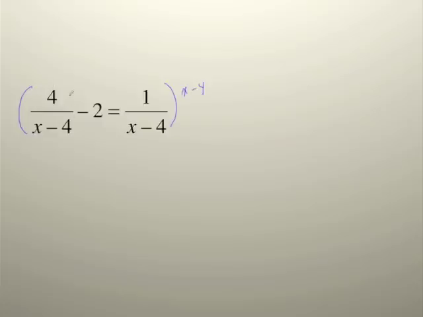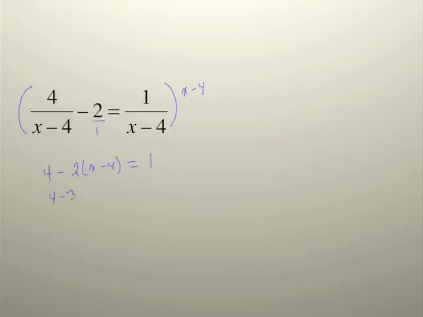When I take that times the first fraction, those would cancel out, and I would just end up with a 4. Minus. Now this fraction is over 1. Nothing cancels, so I have to take that negative 2 times x minus 4 equals, here the denominator will cancel with my x minus 4, so it just equals 1.